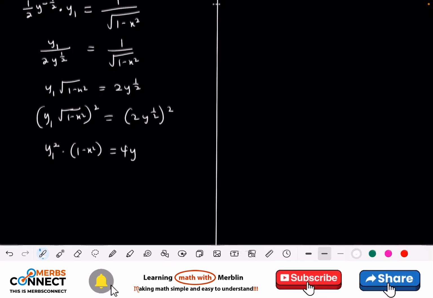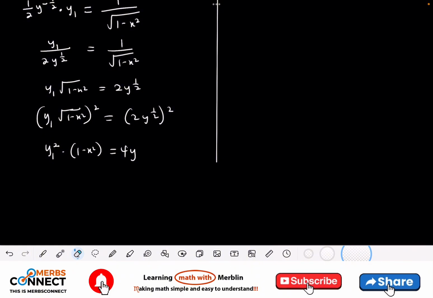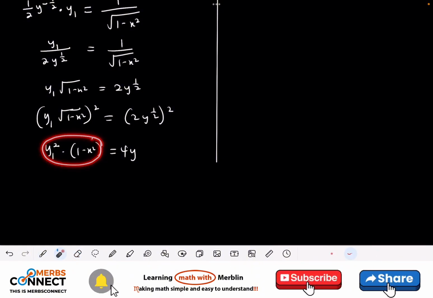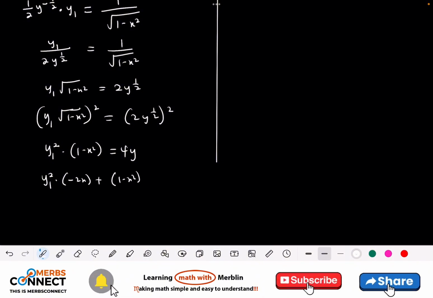So you see the way it has now become, we can now take the second derivative. And taking the second derivative, this becomes the product rule. So first I maintain y1 squared. When I differentiate the one in the bracket, I'm going to have negative 2x, plus now I maintain 1 minus x squared here and differentiate this.